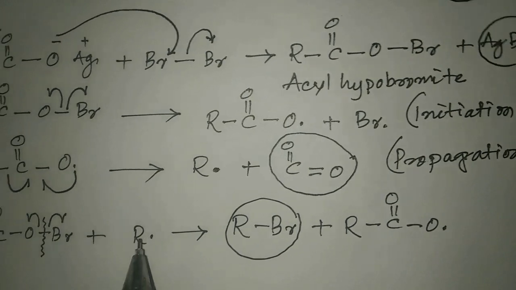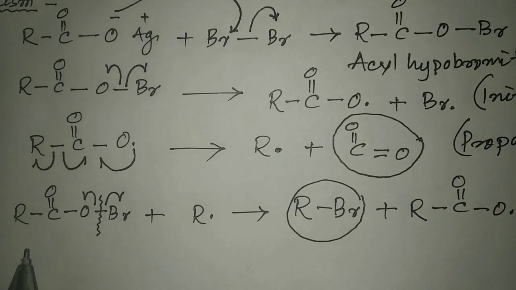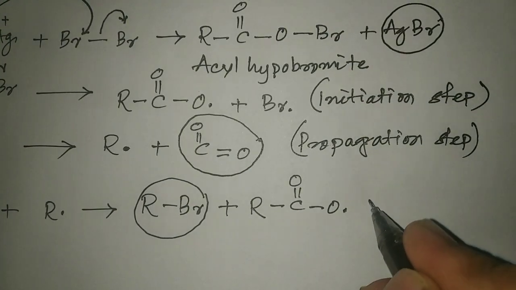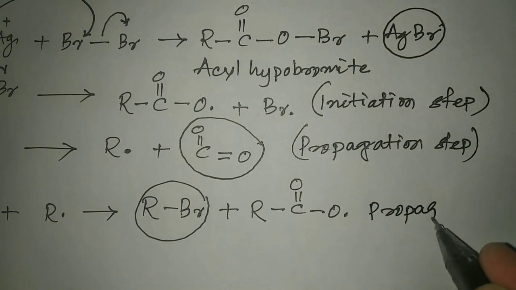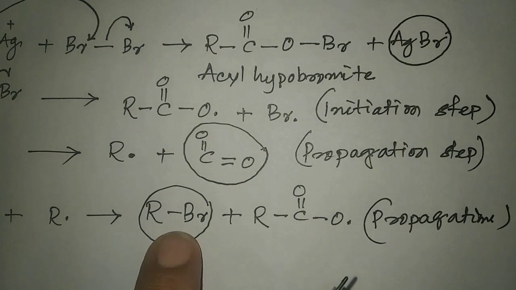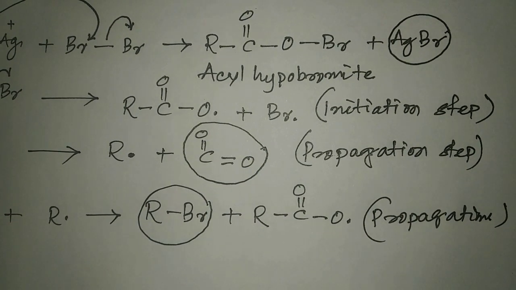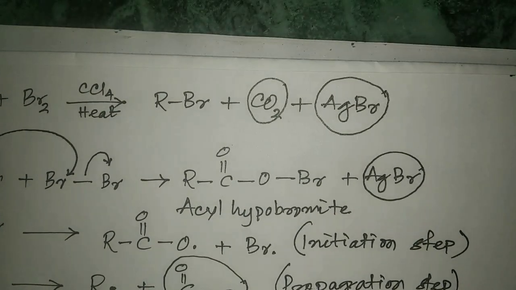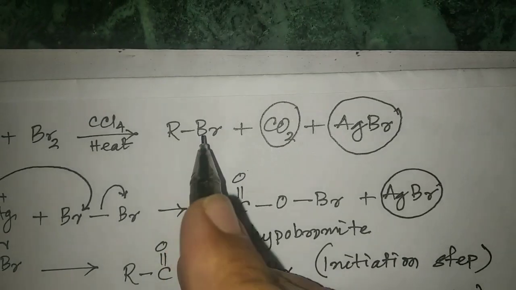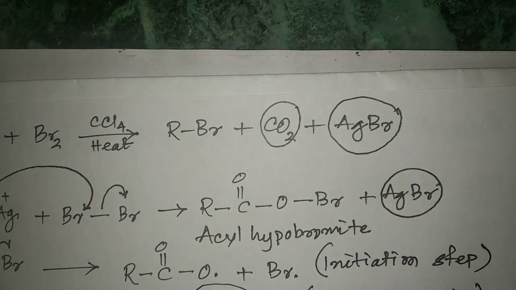That alkyl free radical will combine with another acyl hypobromite to form RBr again. So these are propagation steps, the main steps where we can get RBr. The overall reaction that is important here is RCOOAg plus Br2 giving RBr plus CO2 plus AgBr.